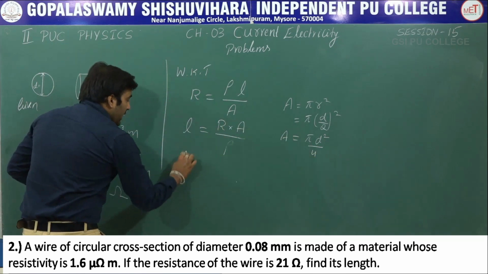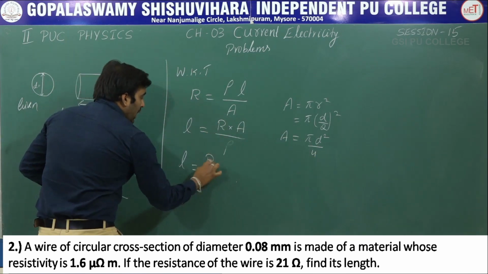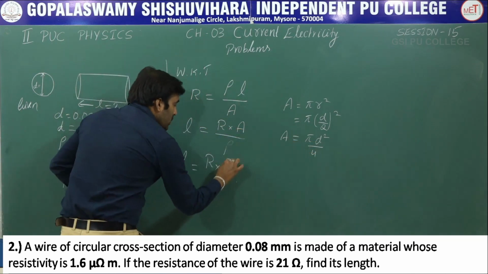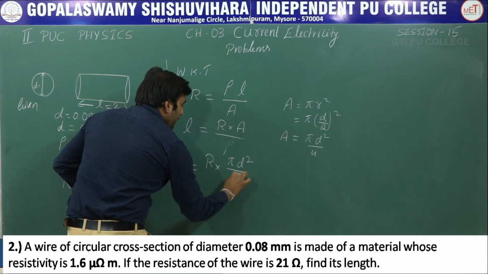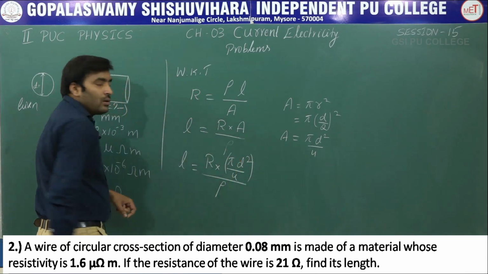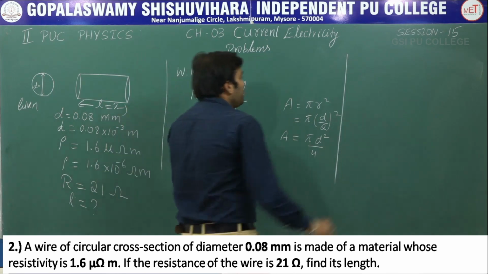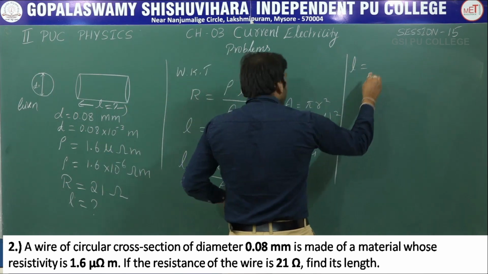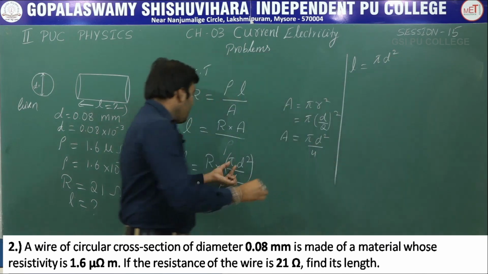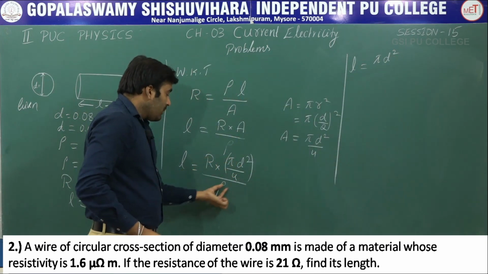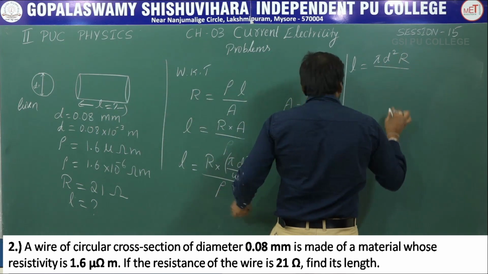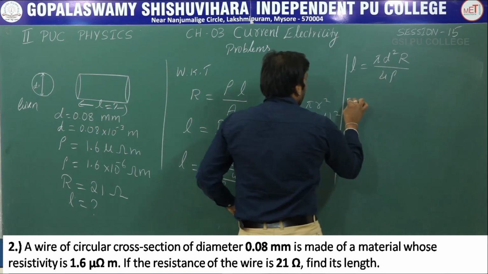Let me substitute that. L is equal to R into, instead of A I will write pi d square by 4, divided by resistivity rho. L is equal to pi d square into R, and 4 comes to denominator. So pi d square R divided by 4 rho.